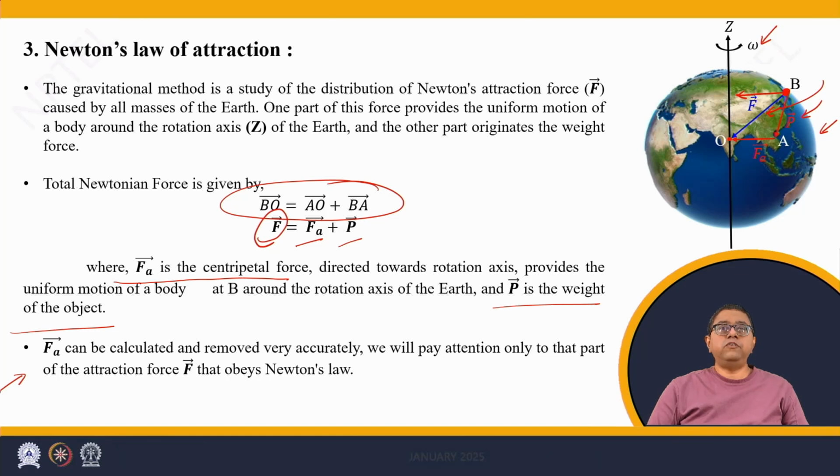The centripetal force Fa can be calculated and removed very accurately, and the remaining force, which is P, is used for further geophysical analysis. Thus, the Newtonian law of attraction encompasses the effect of rotation on top of the gravitational attraction for geophysical applications.